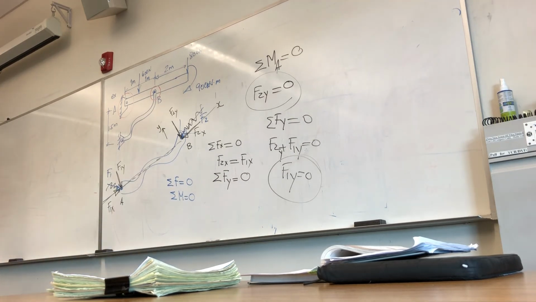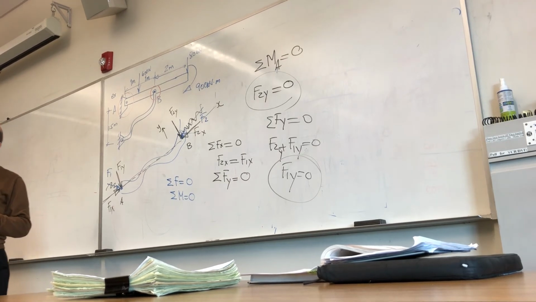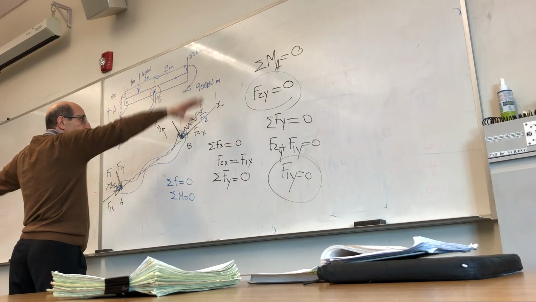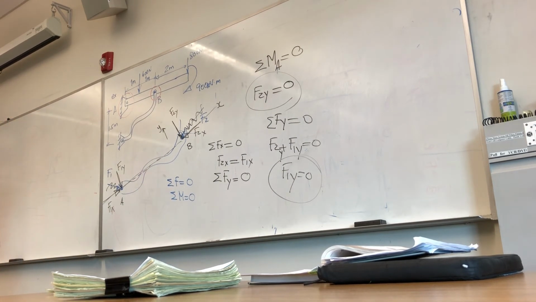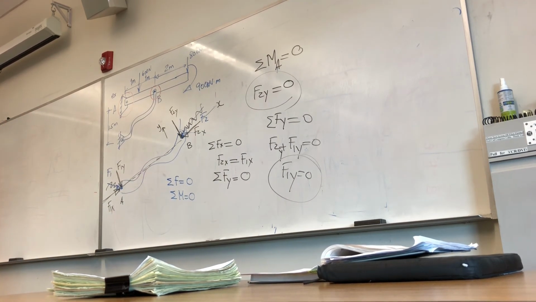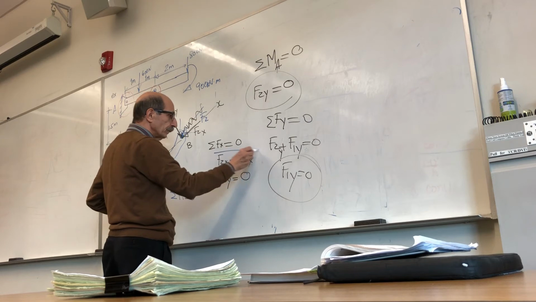What does that mean? Yes? Isn't that looking at two different planes at the same time? No. Planes of axes at the same time. You're saying that the summation of Fx in our original coordinate system is equal to 0, meaning that F2x equals F1x? Yes. But those subtracted don't necessarily make Fx equal to 0. No, Fx is not 0. No, no, no, no. In fact, that's the whole point.